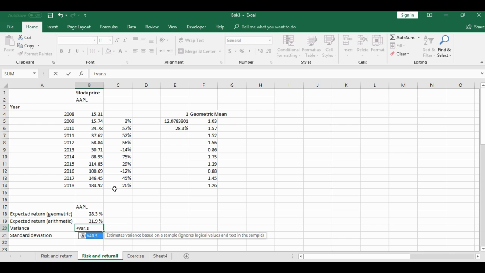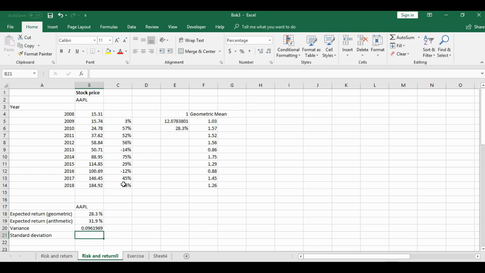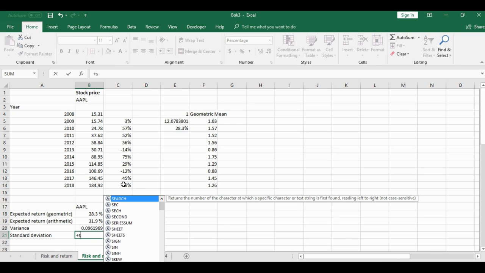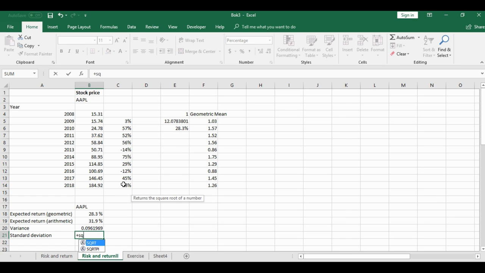S stands for sample. This gives a variance of 0.096. Standard deviation is the square root of variance. The standard deviation is 31%.